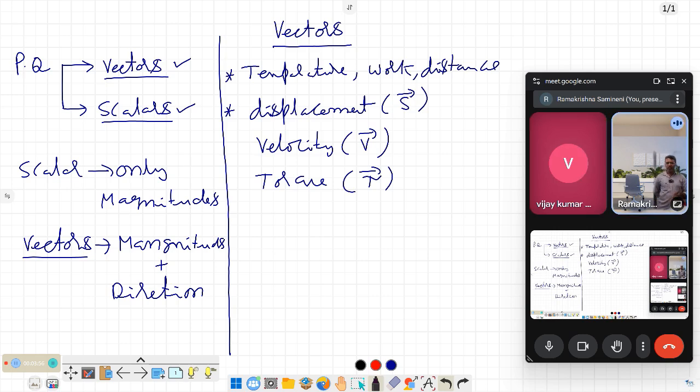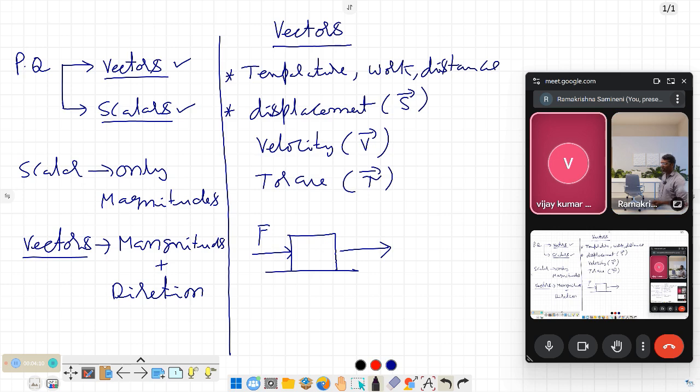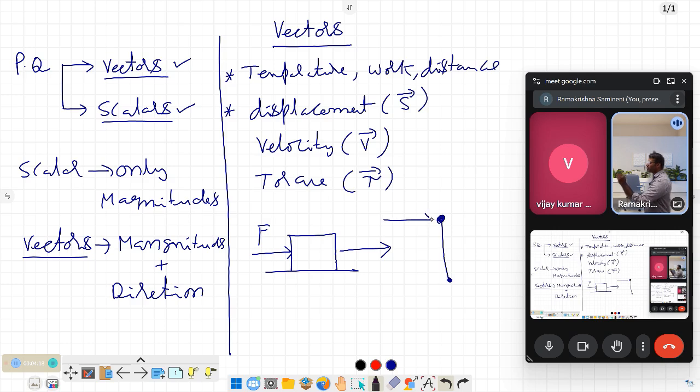Understand me? If you apply a force on a body, what happens? The body will move. Look at this one. This is the body we have taken. If I apply a force on this, the body will move in a straight line. That is what we call force. Now, I take one stone here, tied with a thread, and I apply the force on this.